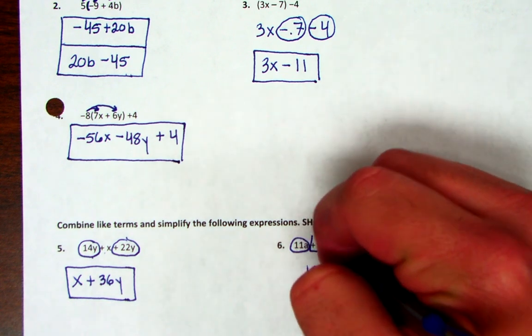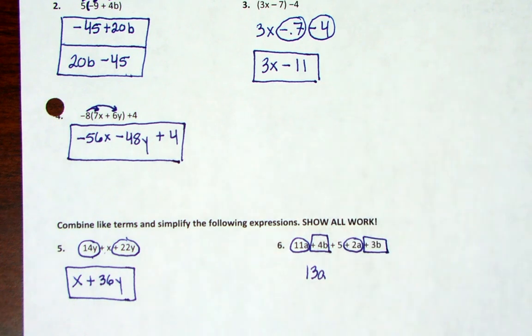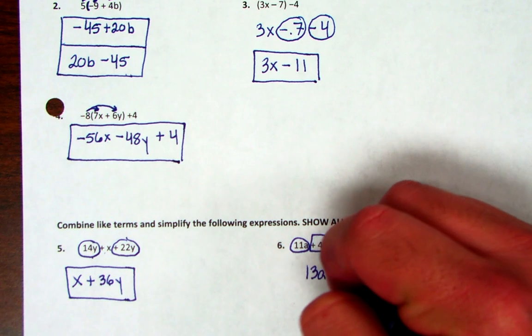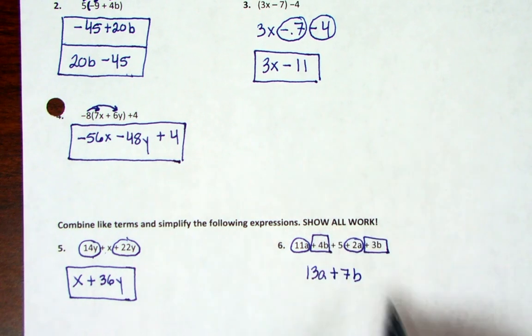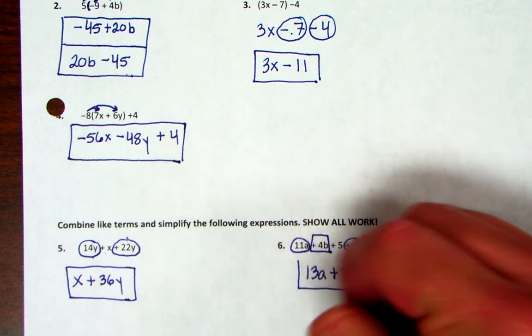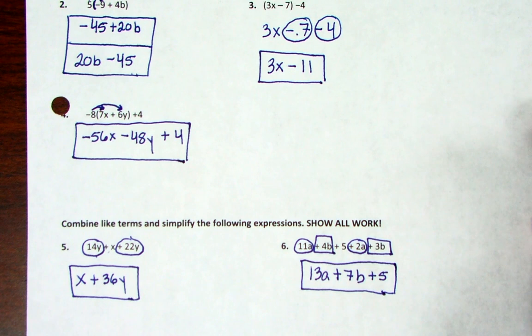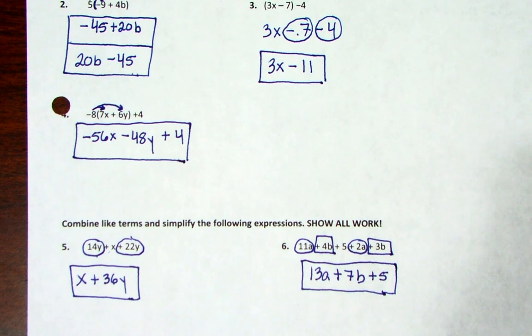I got 4B plus another 3B. 4B plus 3B is 7B. And then I also have my constant of plus 5. Bring them down. Hey, y'all smell something burning? Because Mr. Nolan's on fire.